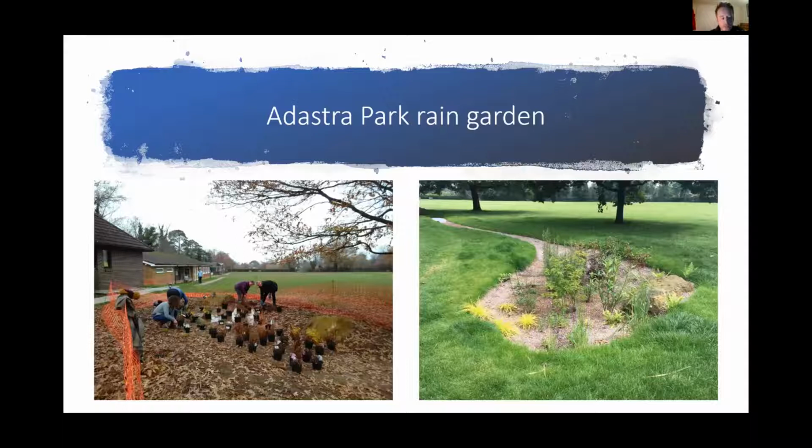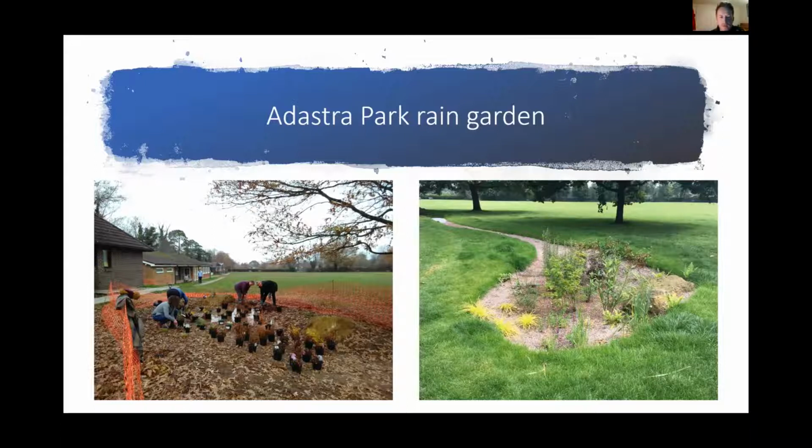So you can see some of our fabulous volunteers doing the planting of the scheme after the meanders had been created, and on the right hand side what it looks like in its bloom, as it were, and again you can see here that it's having multiple functions. As well as alleviating flooding, it's also providing habitats here and food for pollinators.